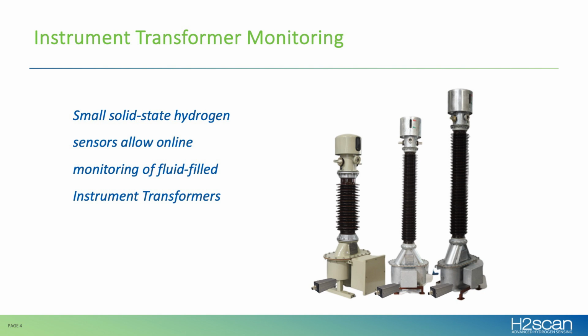So today we have very small solid state hydrogen sensors that can even be used on instrument transformers. I wanted to dedicate a slide just to pointing that fact out. And again, the instrument transformer does need to have some type of insulating fluid inside, either mineral oil or some other ester fluid, which is typically what you see in these units today.